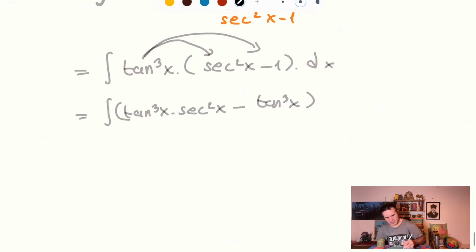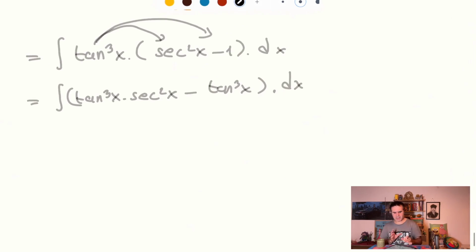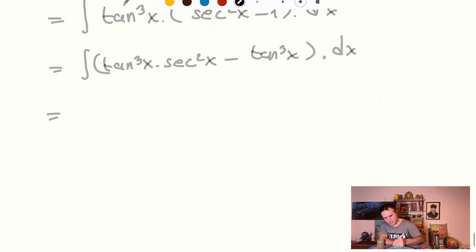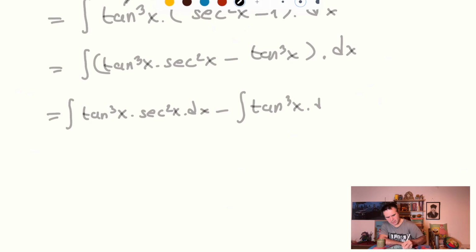To solve this integral, we will break it down. We split these parts into two, and the integral becomes first the integral of tangent cube x times secant square of x dx, minus the integral of tangent cube x dx.